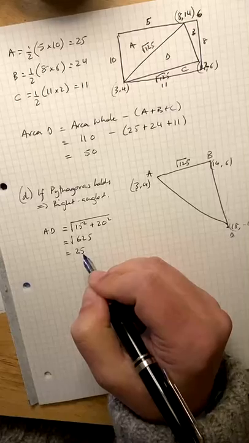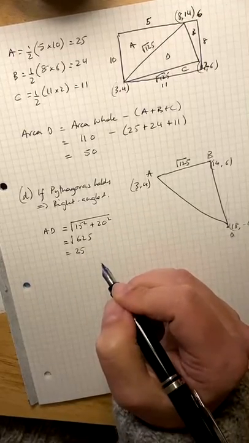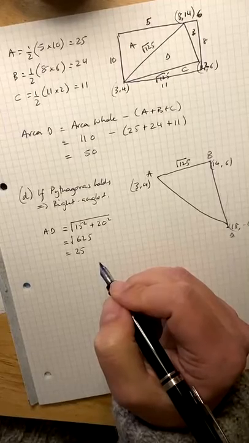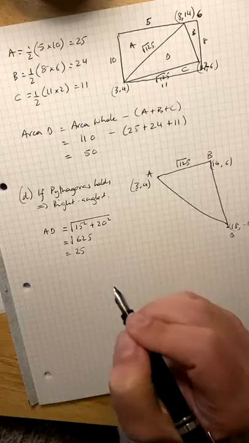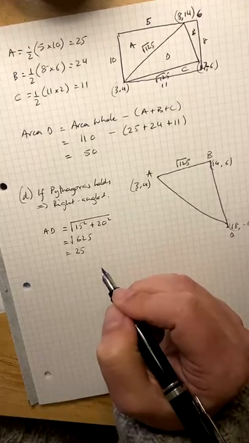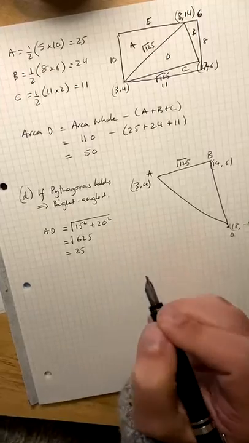Be cowardly and check that on my calculator. 15 squared plus 20 squared is 400, and we square root.